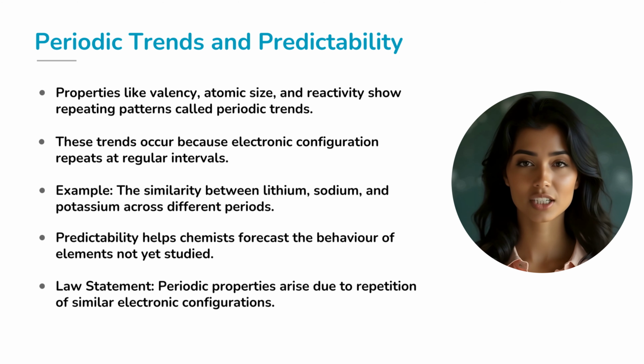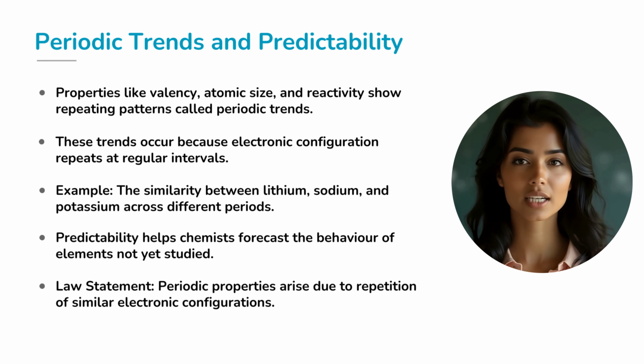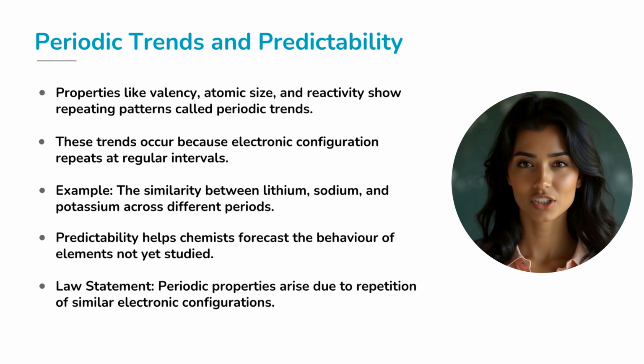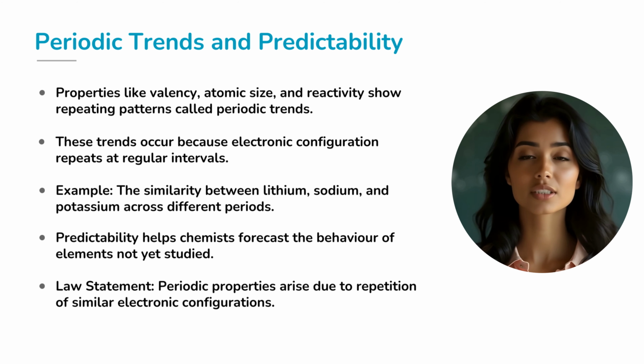One of the greatest gifts of the modern periodic table is its power of prediction. Properties such as atomic size, valency, ionization energy, and electronegativity show repeating patterns known as periodic trends. Why does this happen? Because the electronic configurations repeat at regular intervals.